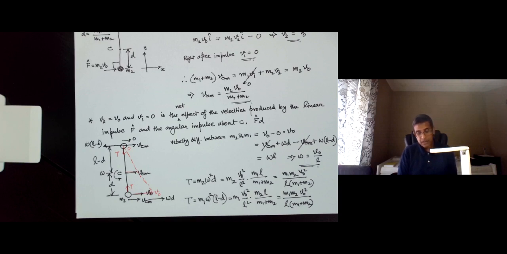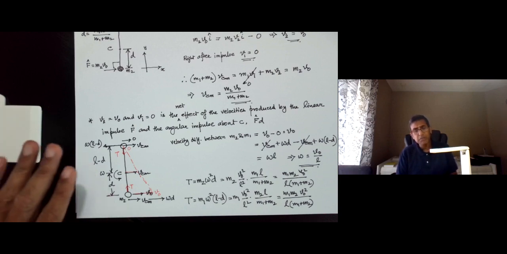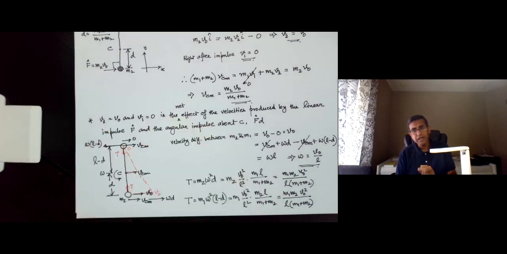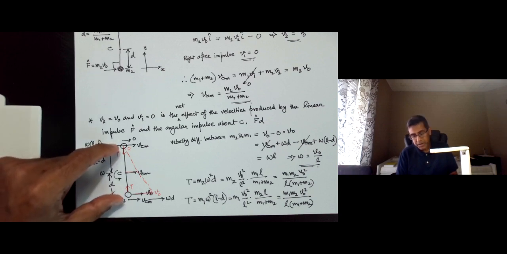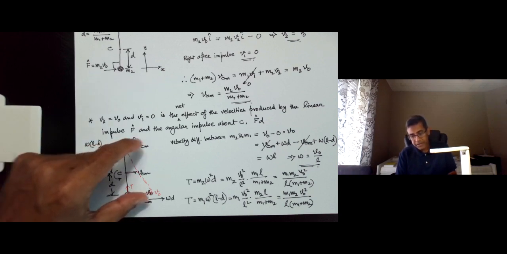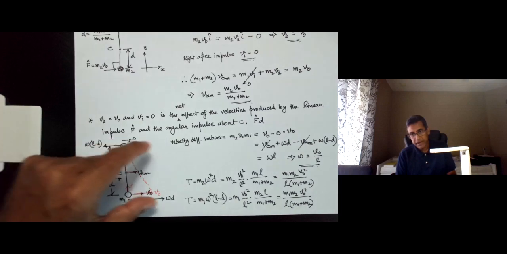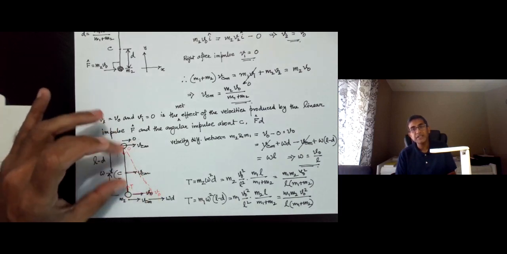But that is not correct, because we have to keep in mind that this motion is composed of a linear motion and a rotational motion, and the linear motion does not lead to any tension. If the two particles m1 and m2 move with the same velocity VCM, it does not produce any tension in the string.